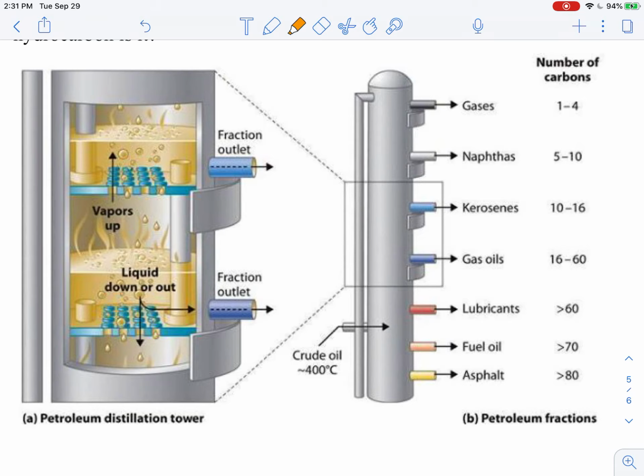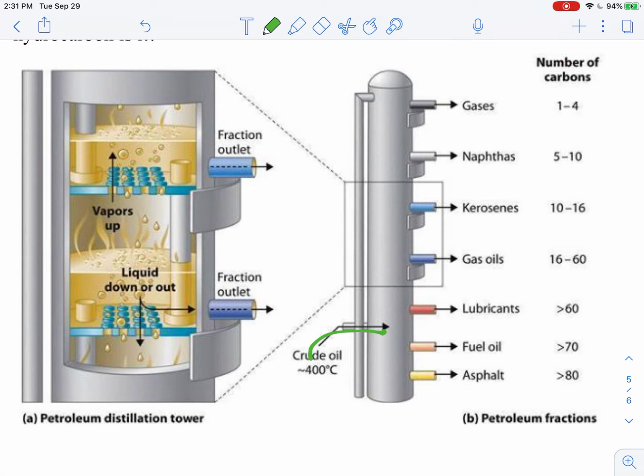You see those giant towers. What's going on is you take crude oil and you send it through, and that crude oil gets heated up, and then the different molar weights of the gases have different densities, and they are pulled out at different temperatures or different heights away from the heat source.